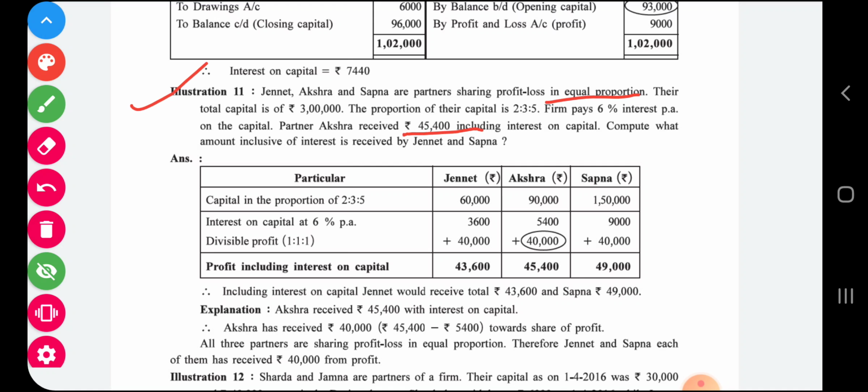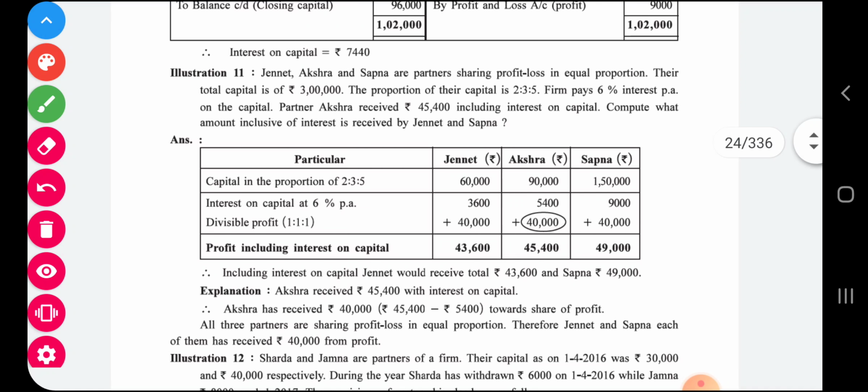So we will prepare a small table. You have to prepare this table in your book. Jeenat, Akshara and Sapna, write down the names. Now total capital is given, 3 lakh. Instead of giving individual capital, here total capital is given, 3 lakh. But proportion is also given, 2:3:5. So if we divide the capital as per the proportion, we get the capital figures 60,000, 90,000 and 1,50,000.